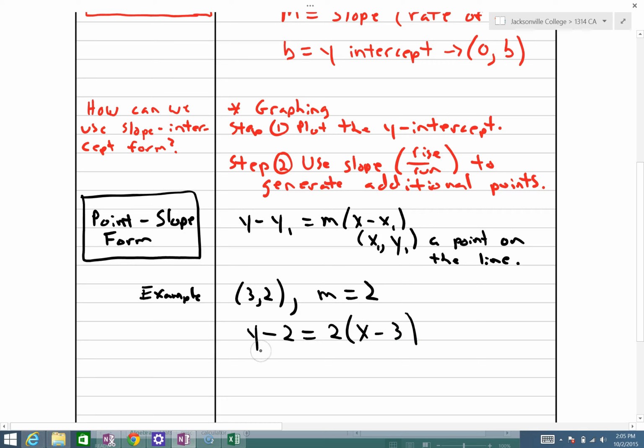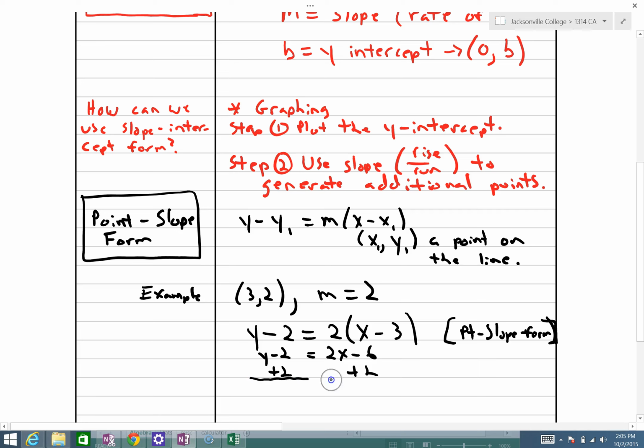And this is point-slope form. Now, this problem asked us to get it to slope-intercept form. That is, we need to solve for y. So on the right side, distributing, 2 times x is 2x, 2 times 3 is minus 6. We still have y minus 2 on the left, so add 2 to both sides.